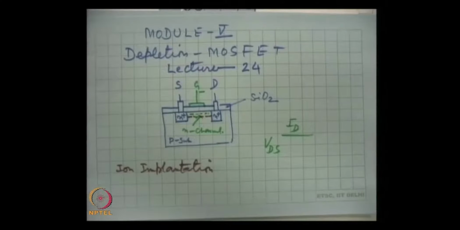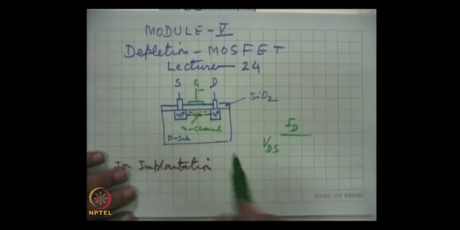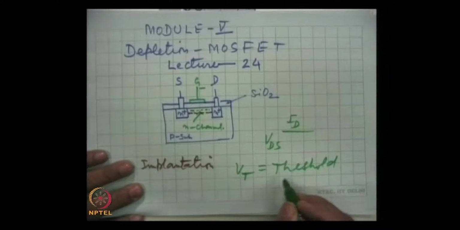If we keep on increasing the negative voltage at the gate with respect to source, then more and more positive charges will be induced. That means the depletion region will spread further in the channel region, and the voltage which completely depletes the charges from the channel, this is important, is known as VT, the threshold voltage.